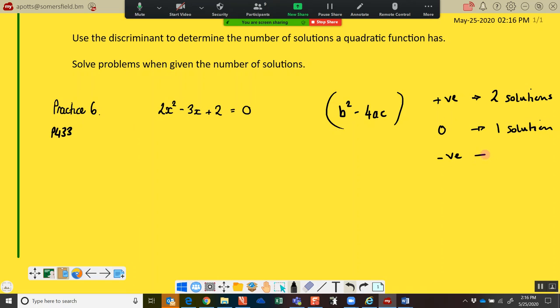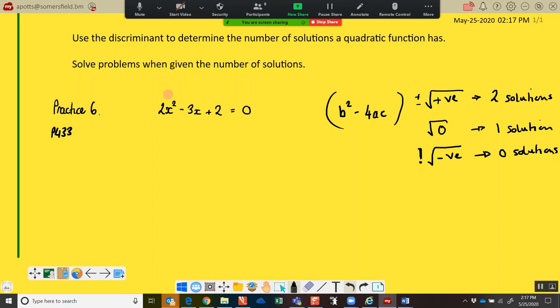And if it's negative, 0 solutions, or 0 real solutions. Okay, and that's because if you square root a positive number, you've got the plus and minus, 2 different things. If I square root a 0, I get 0, so that's why I'm only going to have 1 option. And I can't square root a negative number, so that's the problem.